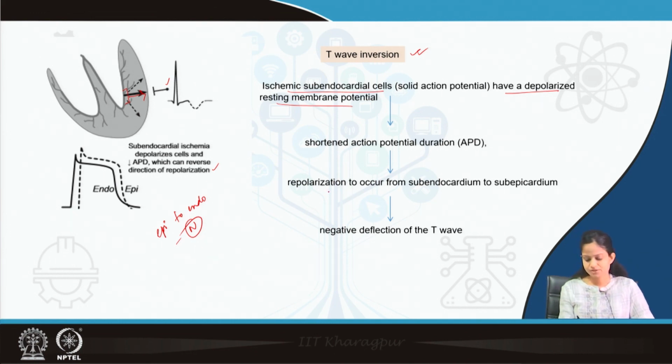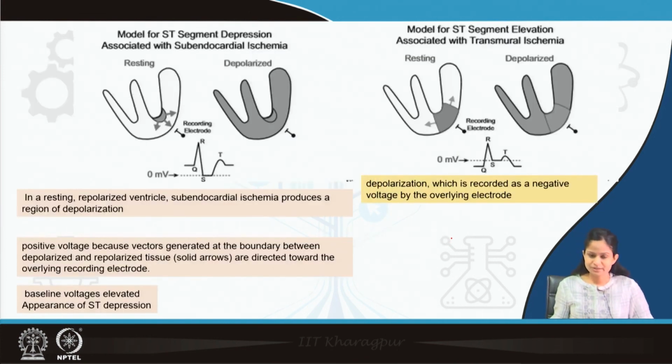So, repolarization occurs from subendocardium to epicardium, and a repolarization wave towards the positive electrode will give negative deflection of the T wave. Normally the repolarization wave goes away from the positive electrode, that is why we get positive deflection of T waves. So, here we are getting negative deflection of the T wave because the repolarization wave is directed towards the positive electrode.